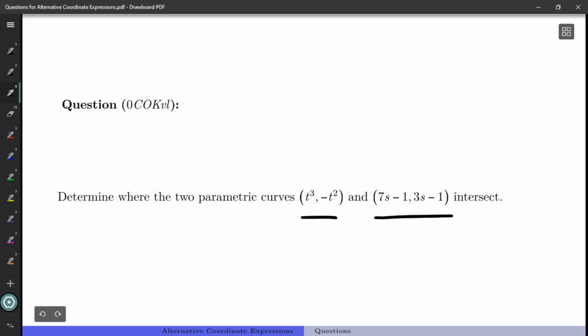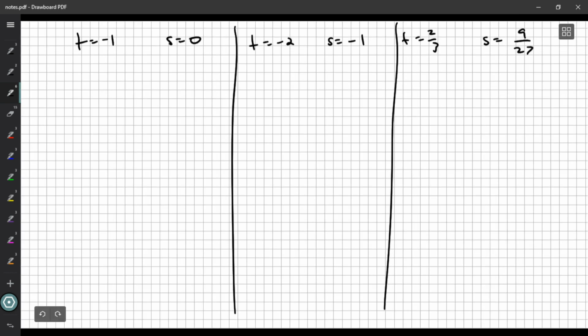So it's t cubed minus t squared. That'll be -1, negative of 1 will be -1. We'll get -8 and negative of 4. And then 8/27 and then negative of 4/9.